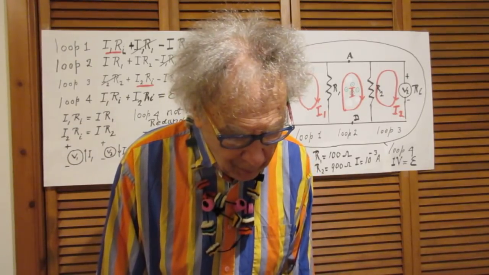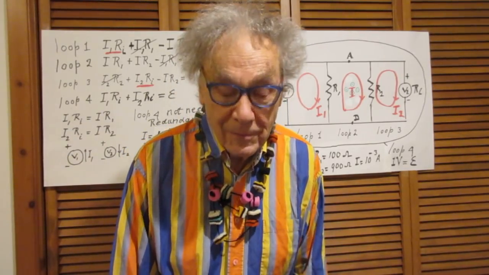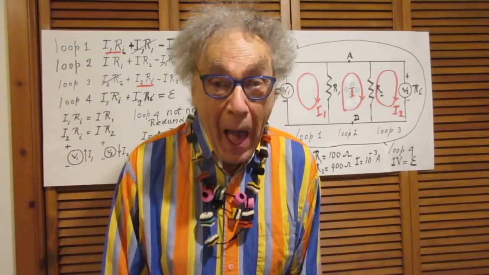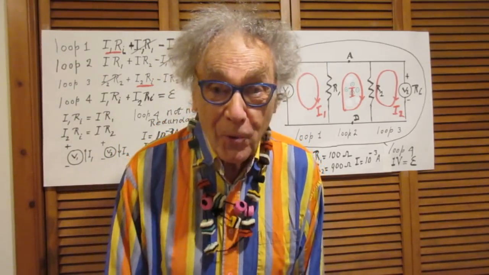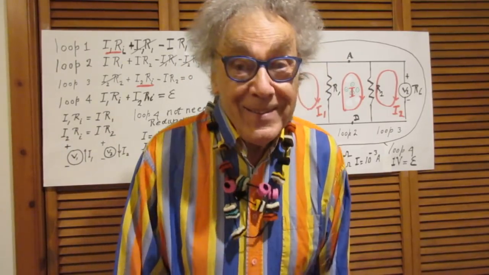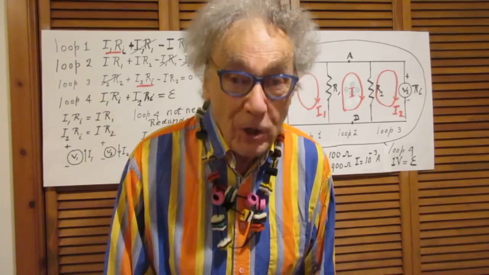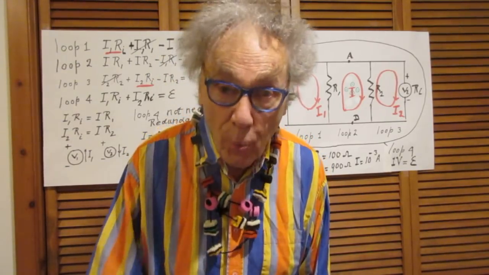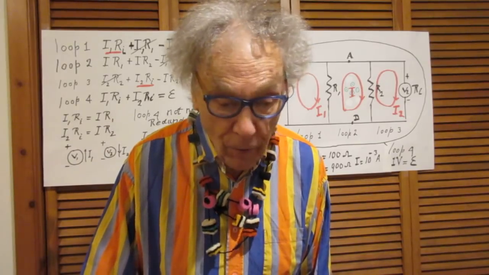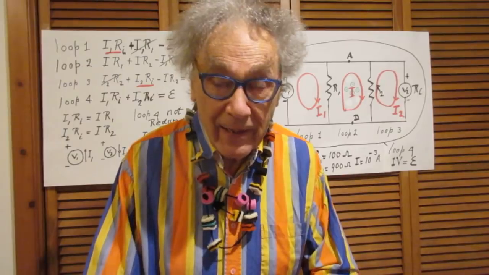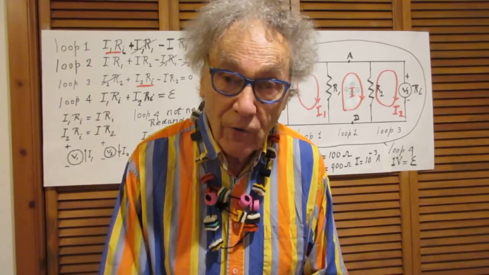Well, of course they're wrong. Yeah, no, they're right, I didn't take that into account. And the reason why I didn't take it into account, I will demonstrate today, is that that extra loop doesn't add anything new. It's a redundant loop.